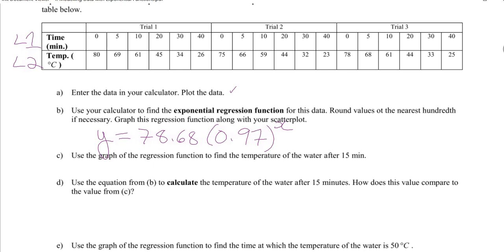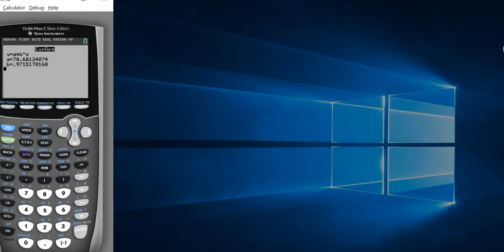Use the graph of this function to find the temperature of the water after 15 minutes. Okay, so now we hit graph. So there's our scatter plot. And because we told it, run an exponential regression, and put the equation into y1, when we hit graph, it plots the points, and then it plots y1.